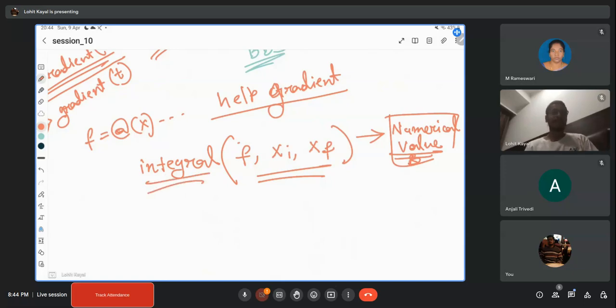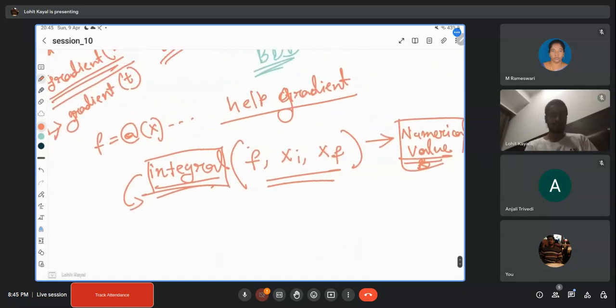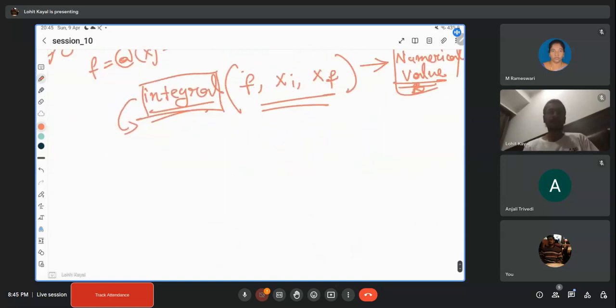This is also another powerful tool. It may vary from case to case, but in my experience, integral works much faster compared to trapz.